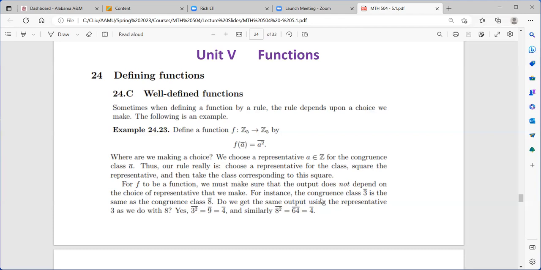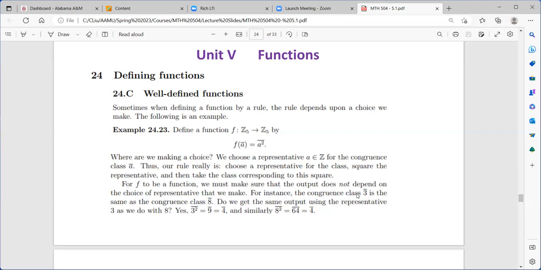For instance, the congruence class 3 bar. Okay, so that's the class of integers that, divided by 5, give remainder 3. So you have a bunch of numbers that, when divided by 5, all have the remainder 3.